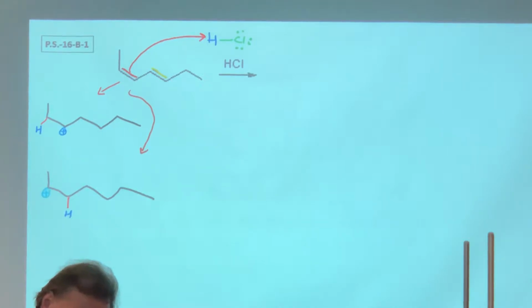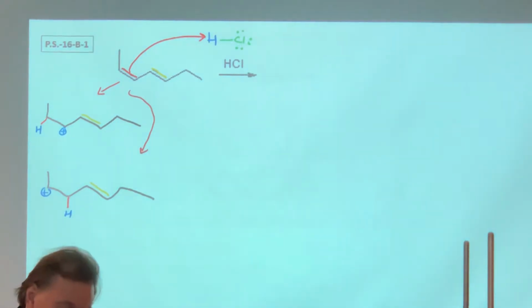Needless to say, the double bonds do stay there, right? So let's not forget to copy them. If we do this, I'm just going to use a different color so we can follow it right there. And then this stays over here.